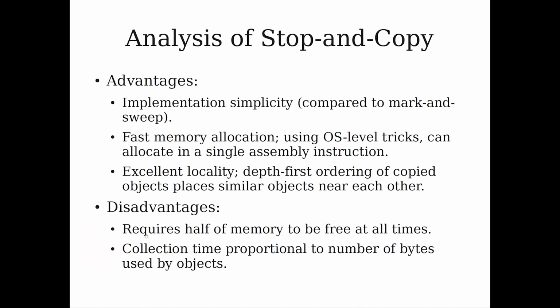But a big disadvantage: more than half of memory is unusable, and collection time is proportional to the number of bytes used by the objects, so you have to bit copy all the objects.